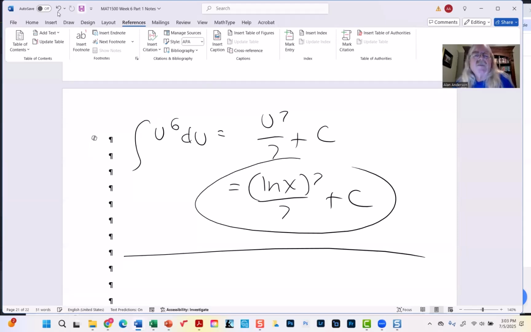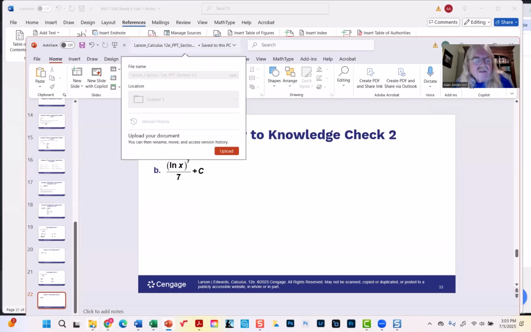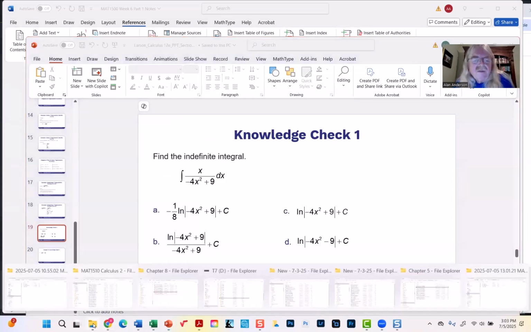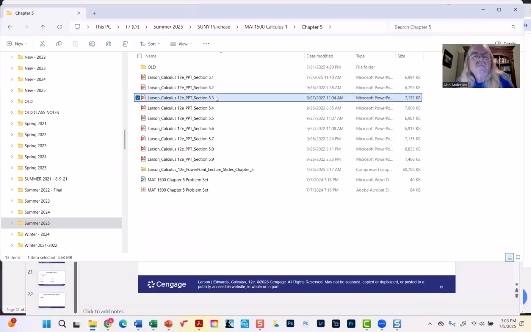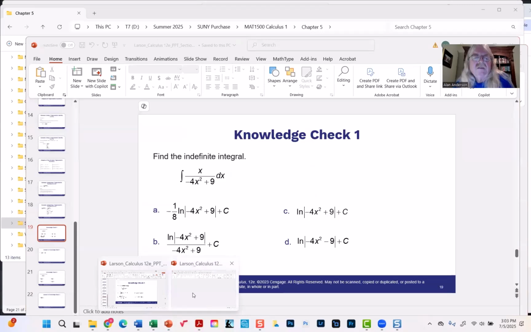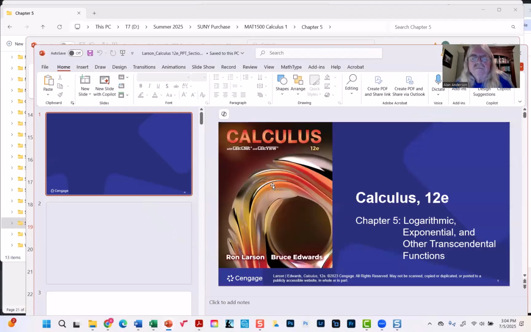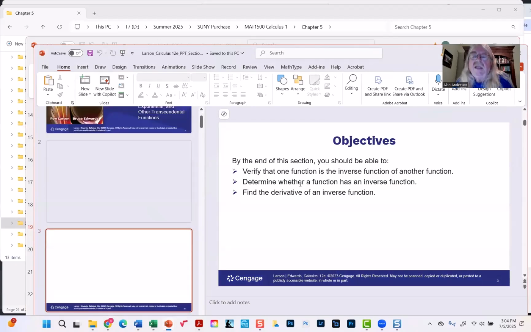So what comes after this, by the way? Well, let's see, this is 5.2. 5.3 is next, and that's going to be about inverse functions.